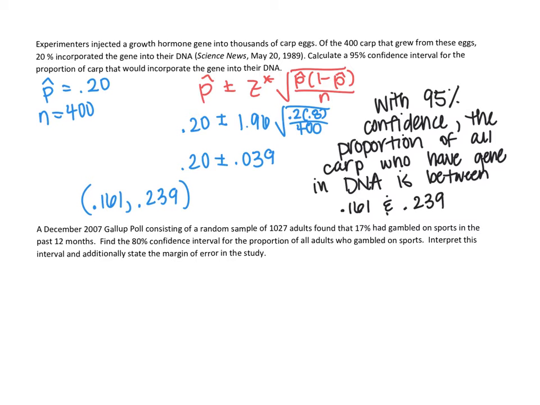It is important to understand the meaning of our confidence interval. So being able to write a sentence interpreting what your confidence interval will mean is a very important piece of this.